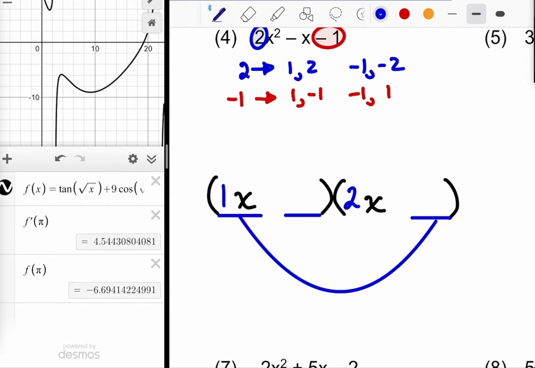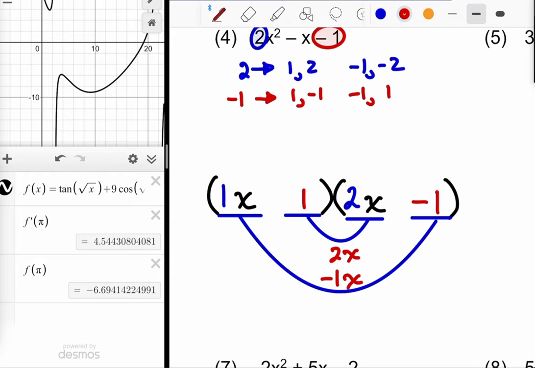That is not a good looking diagram. And now I just start placing values from my red set here. All right, so I'll try 1 and -1. All right, so inner product 2x, outer product -1x.